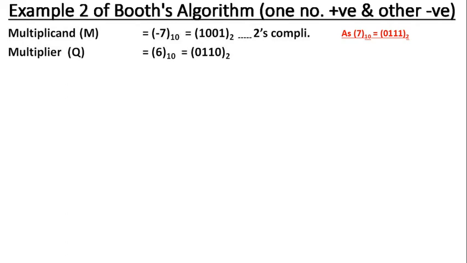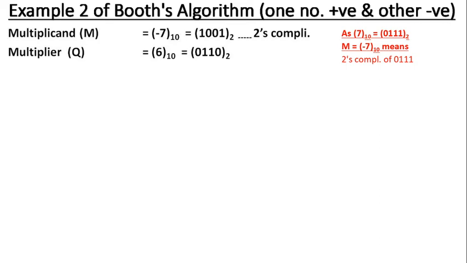Okay, let us assume that number is 7. So 7 decimal is equal to 0111 in binary. Whenever minus 7 is to be represented, then M is equal to minus 7. It means get the 2's complement of plus 7 here. Plus 7 is 0111. Get its 2's complement.